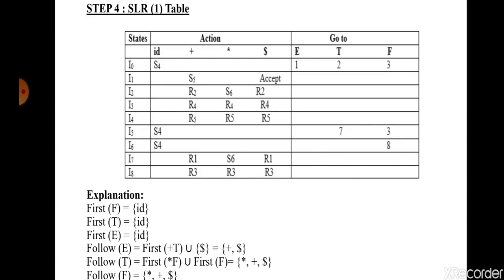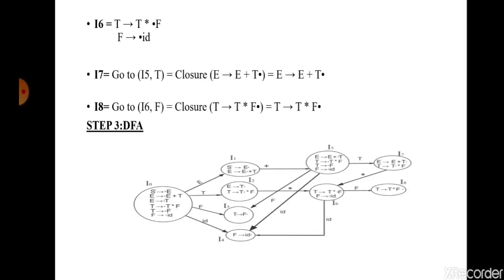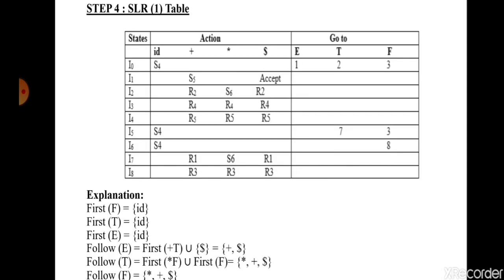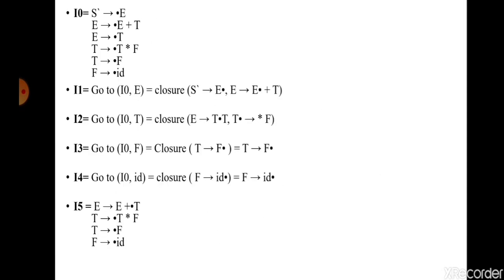For example, I0 for capital E: I0 comma capital E gives the state I1. So we simply write I0, E is 1. Whatever appears for goto, we simply write the item set number only. For action, for example, I0 getting the ID value goes to I4.